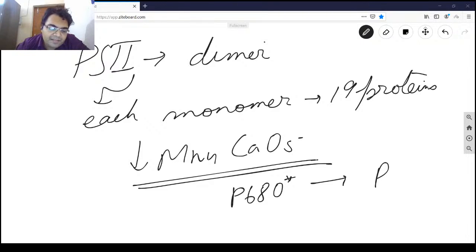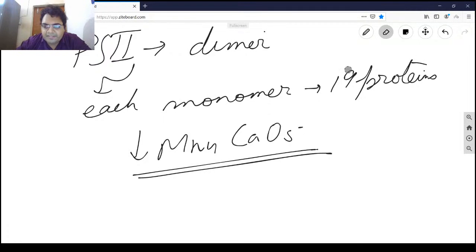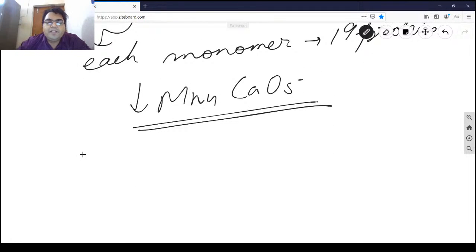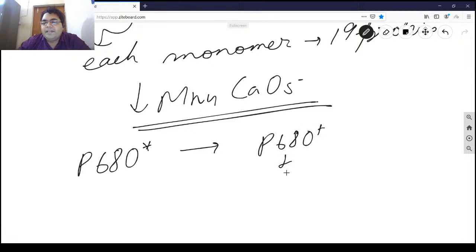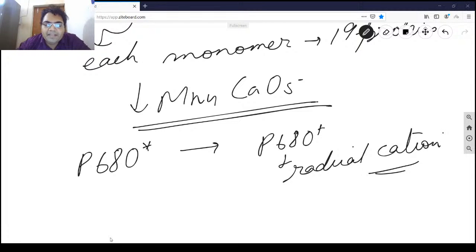That is known as a radical cation. So I'll write it down here. The loss of one electron: this P680 after ionization gets transformed into a radical cation. Very, very important.